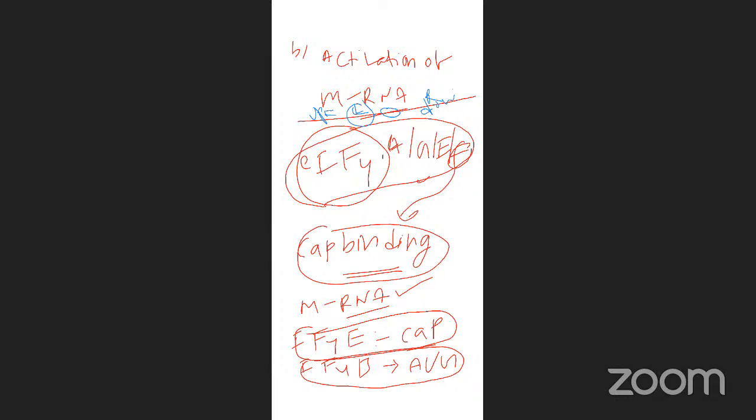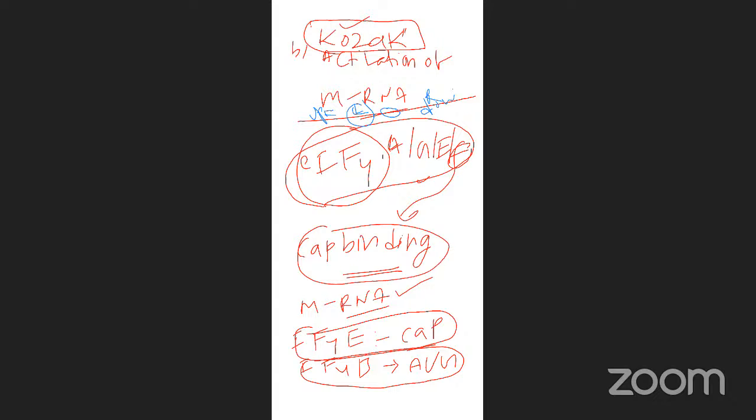This repeated, specialized sequence, the specially packed sequence, is called the Kozak sequence. Now, with the help of the Kozak sequence, the AUG sequence is identified.